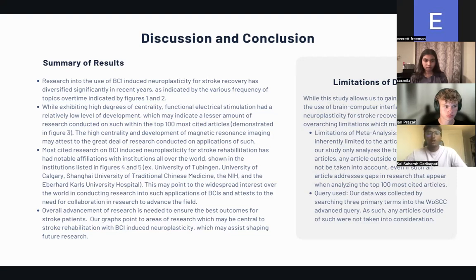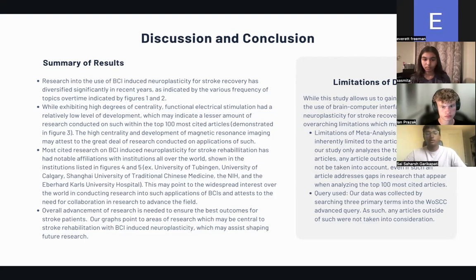The high centrality and development of magnetic resonance imaging may attest to the great deal of research conducted on applications of such. Most cited research on BCI-induced neuroplasticity for stroke rehabilitation has had notable affiliations with institutions all over the world, shown in institutions listed in the figures 4 and 5.